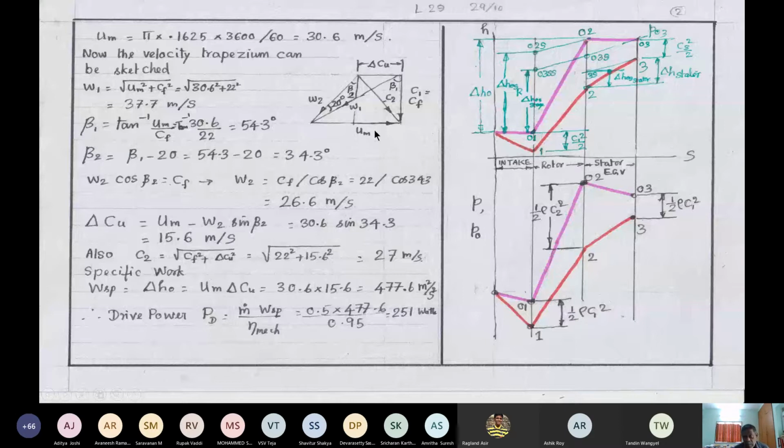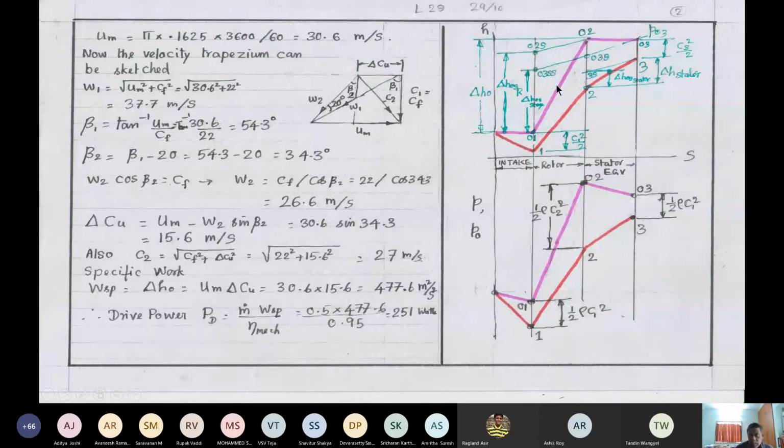Now, some of the processes that are happening in the blower are indicated here. Two sets of graphs are there. One is for enthalpy versus entropy. The other one is just variation of pressures.